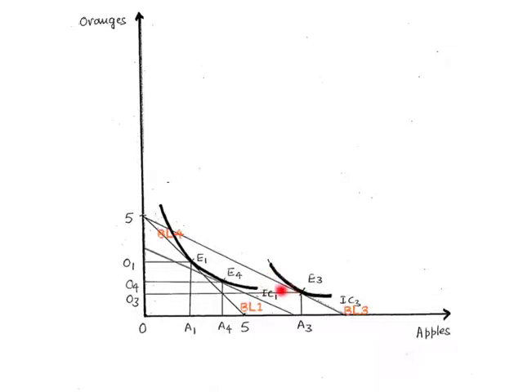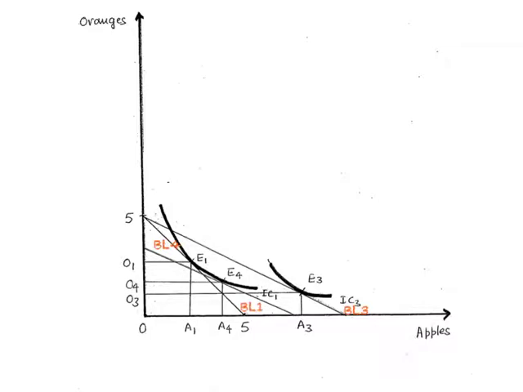So we have this budget line, and we call this BL4.